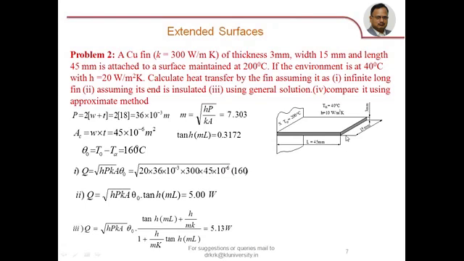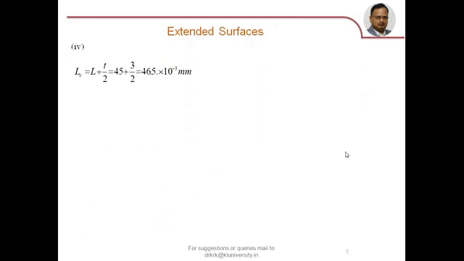Then by increasing delta L, you can treat the end phase as insulated. Now how much do you have to increase? Already we have seen cross-sectional area by perimeter, that is approximately T by 2 for a rectangular fin. So corrected length is L plus T by 2, which is equal to 46.5 into 10 power minus 3 meters.